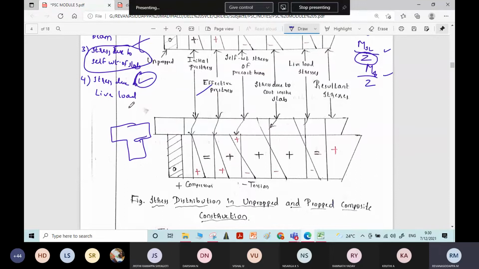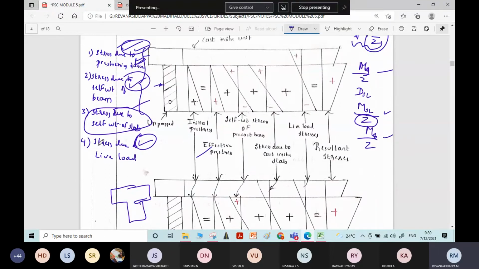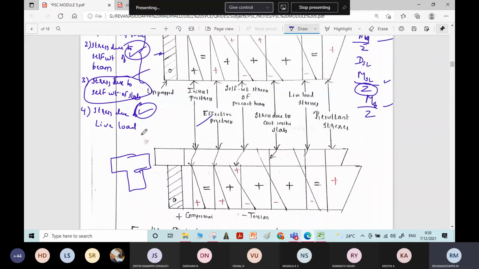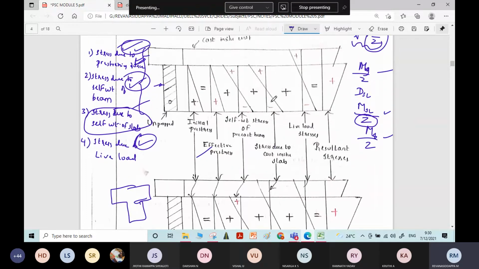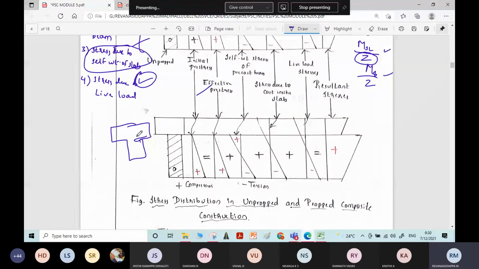The first, second, and fourth steps are similar. Only in the third step, while calculating section modulus, in the first case we will take the section modulus of only the beam. Here, you will take the section modulus of the full T section, because in case of proper construction, it will act as a whole.